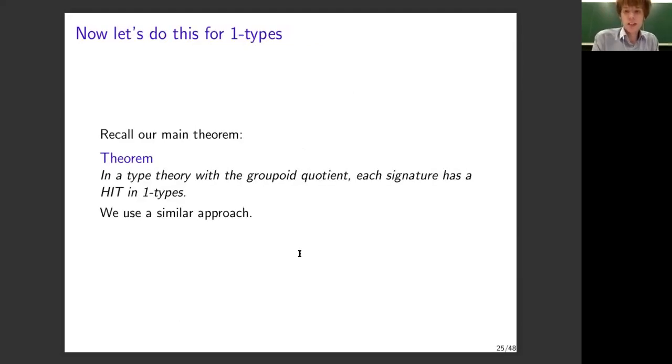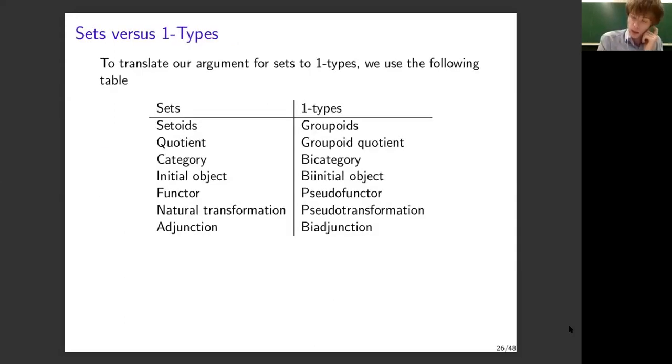This talk was actually more about one-types. So the question is now, how can we do this for one-types? How can we prove the following: assuming that we have the groupoid quotient, how can we construct a higher inductive type in one-types? Basically, we will use a similar approach, but we need to make some modifications because there are some differences between sets and one-types.